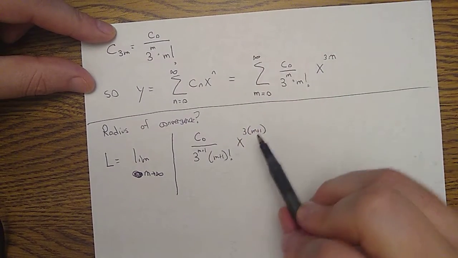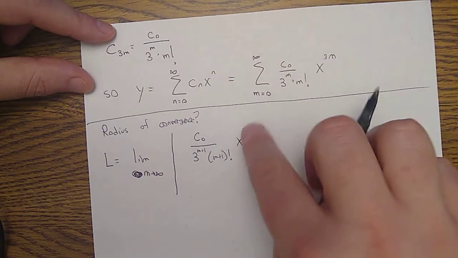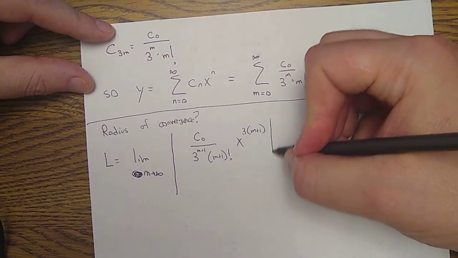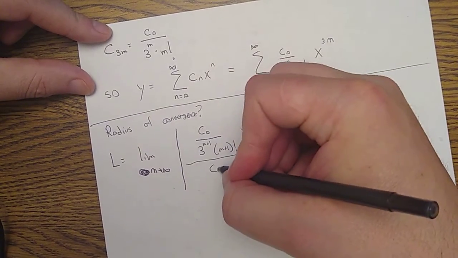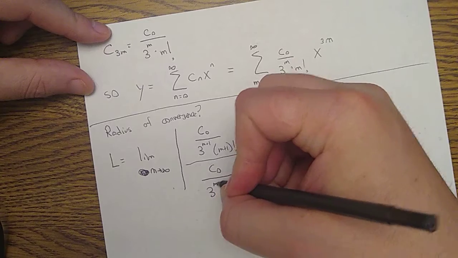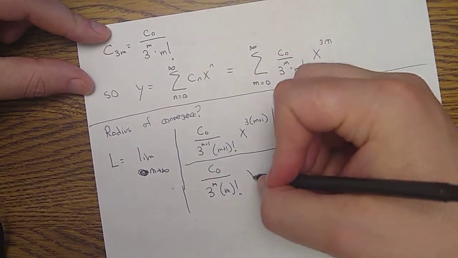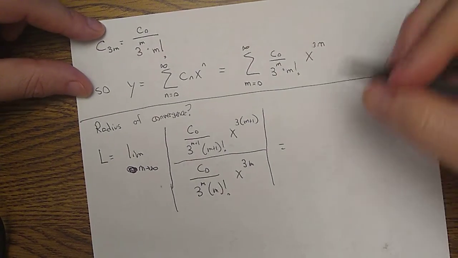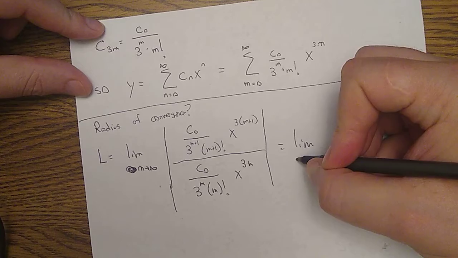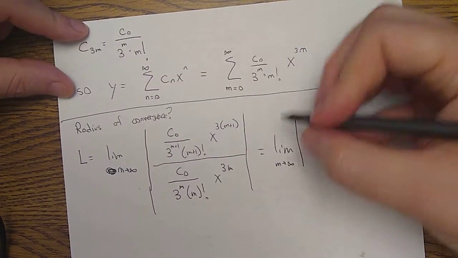Be careful here. This is not just 3 times m plus 1, well, it is, but you want to use the parentheses. And as usual, I flip the bottom.